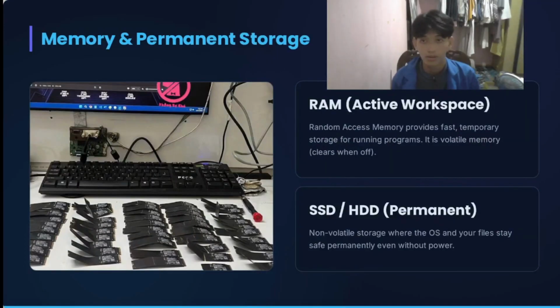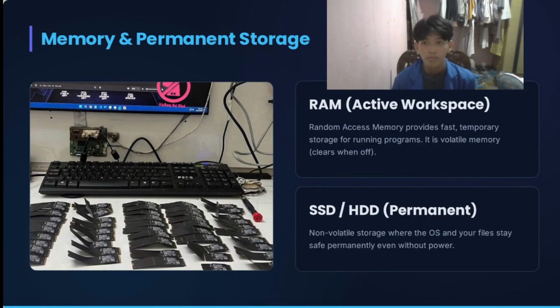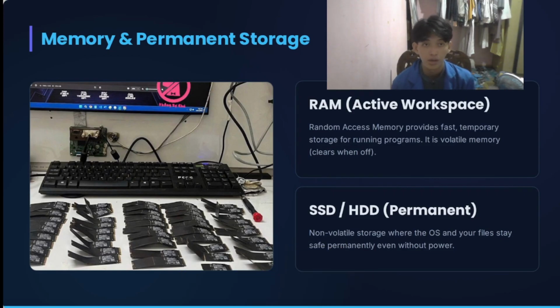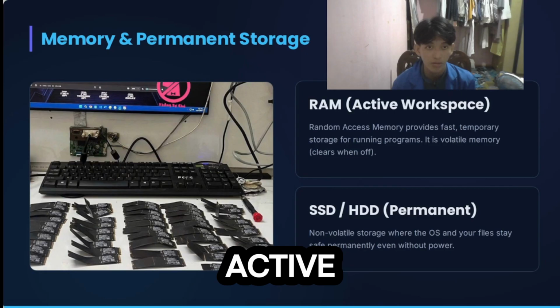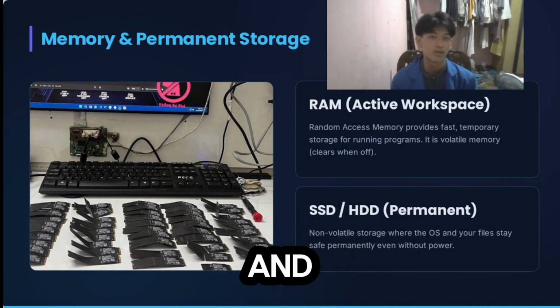Next, slide 9, memory modules, RAM, and permanent storage. RAM, the active workspace. Now let's talk about memory. It is important to understand the difference between RAM and permanent storage.